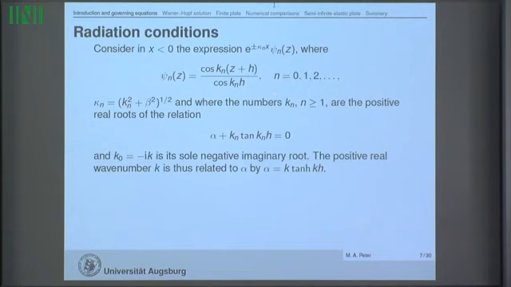There's a propagating wave that corresponds to this imaginary root of the compatibility condition, what turns out to be the dispersion relation, and you also get real roots here, and they correspond to evanescent waves.